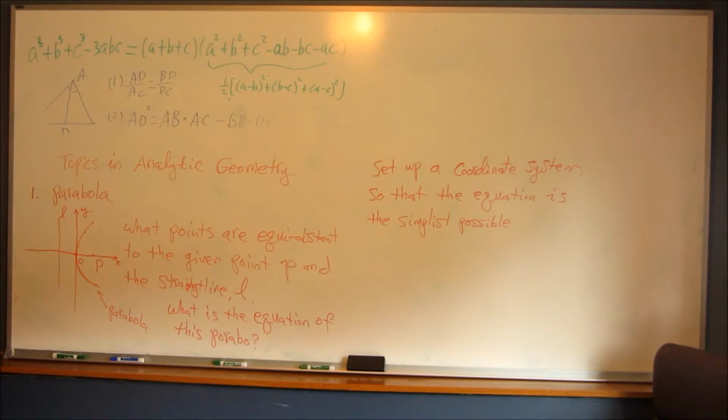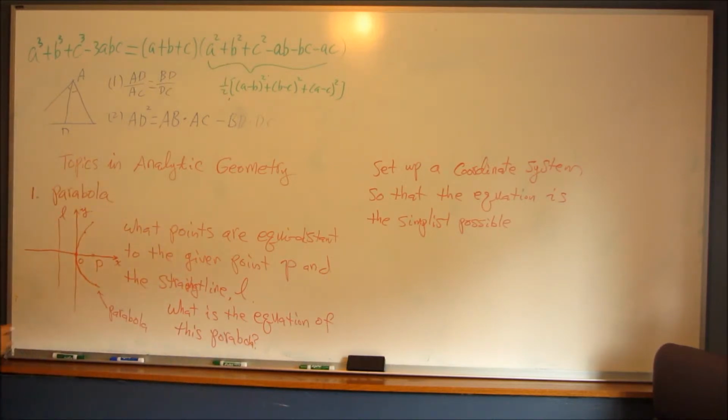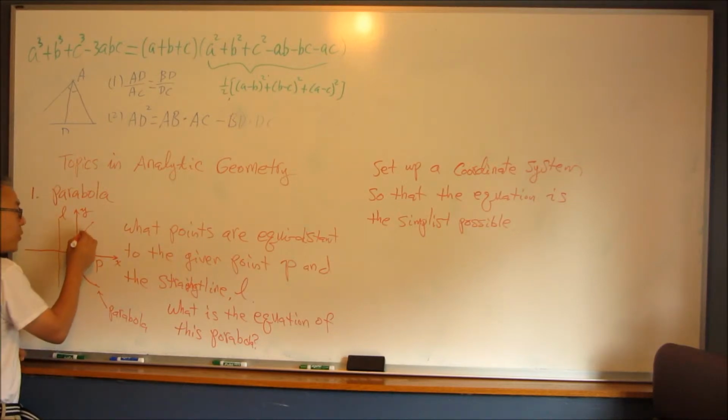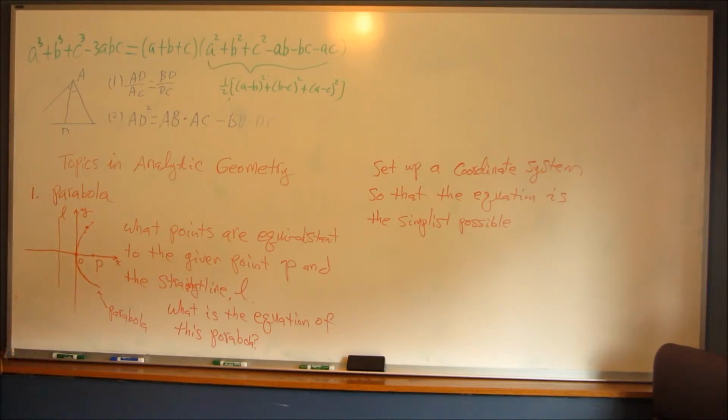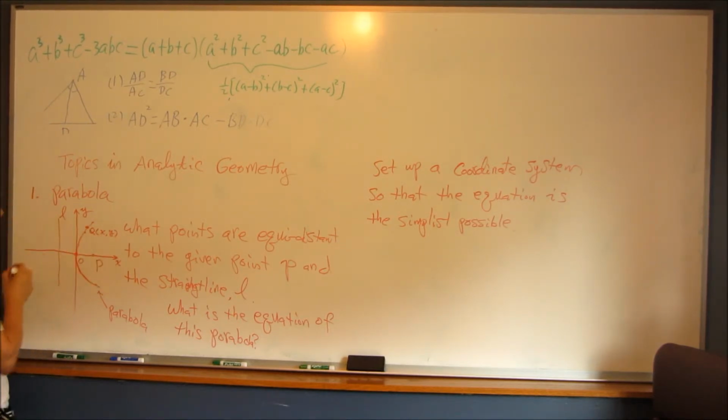So, what is the equation of the parabola? To find the equation, we need to pick any point on the curve. We denote this point as Q with x, y coordinates.